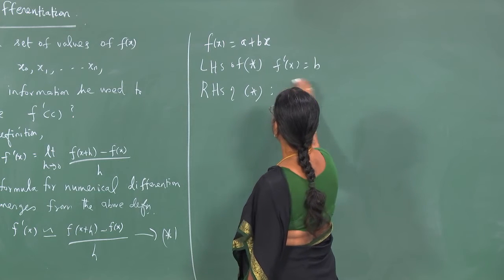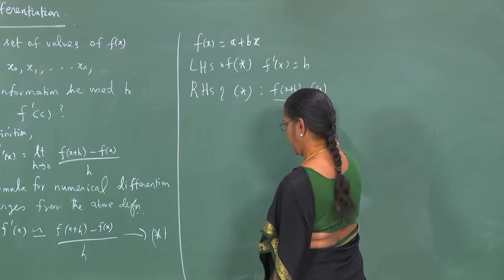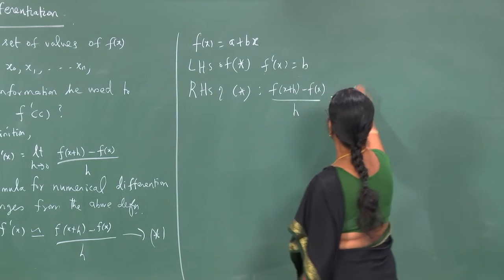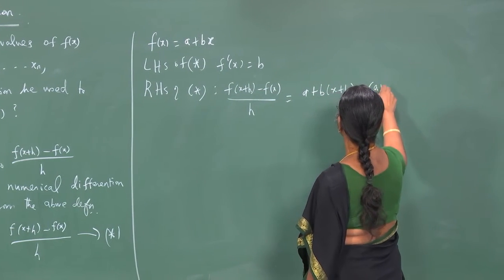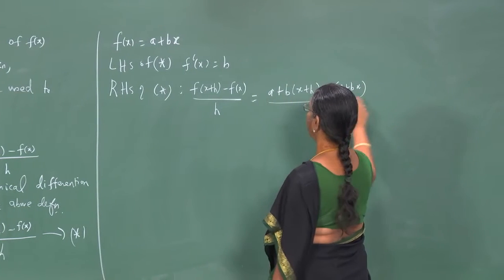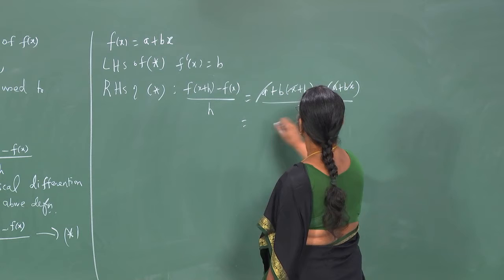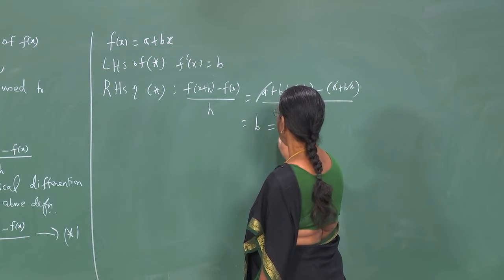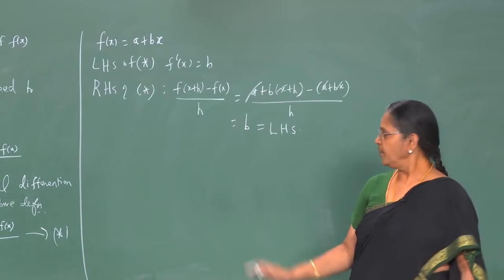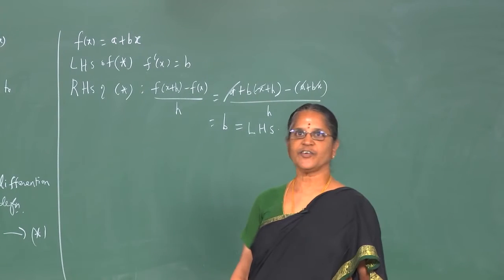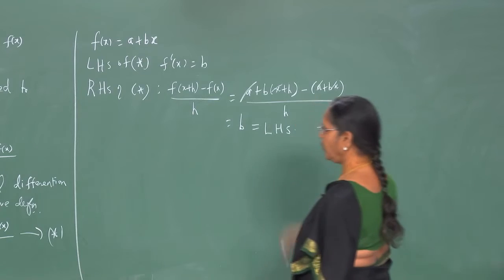So, it is f of x plus h minus f of x divided by h. So, it is a plus b into x plus h minus a plus bx divided by h. So, that gives you bh by h, which is b, and this is the left hand side of star. So, the formula is exact for a linear function or a linear polynomial.